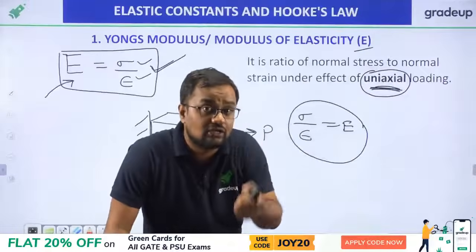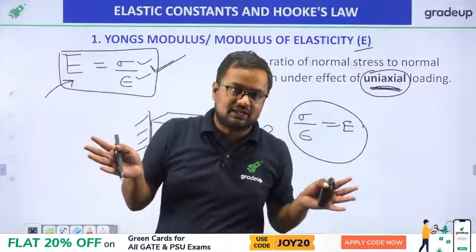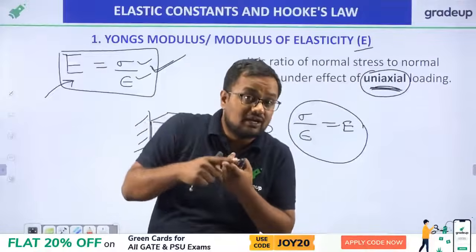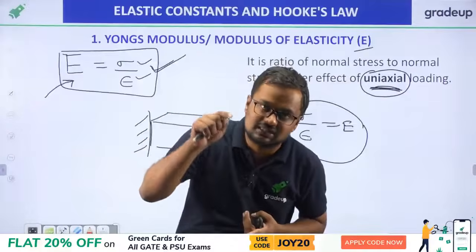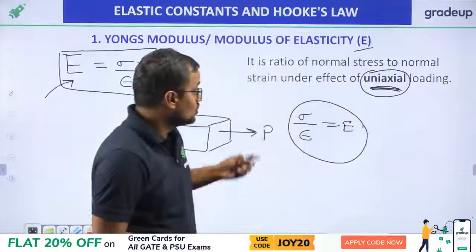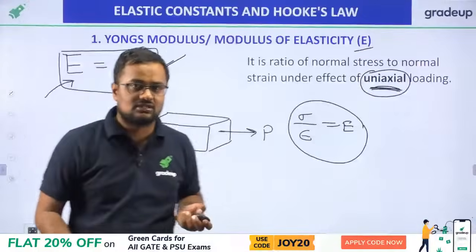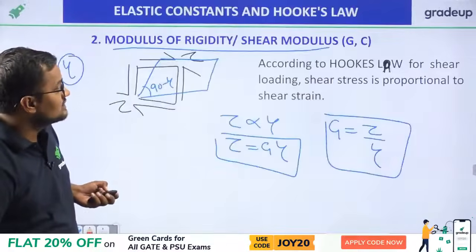For multi-axial loading, meaning stresses in all 3 directions, or biaxial loading, meaning stresses in 2 directions, we will see what happens in the Poisson ratio chapter, which I am going to discuss next week. So stress by strain is Young's modulus only for uniaxial loading. That is the first point. And the second point is this.